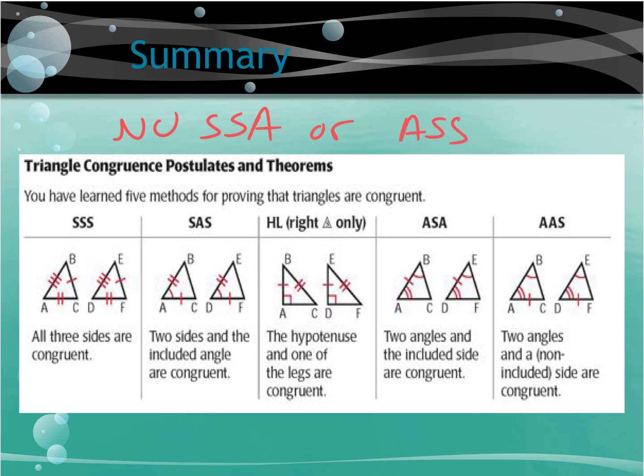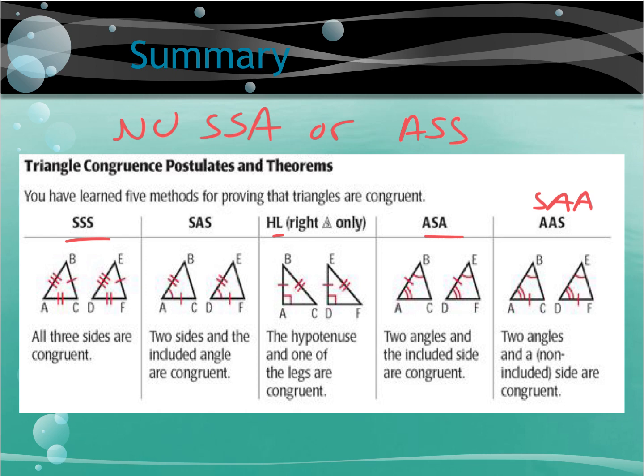If you get either of those, that is completely wrong. You can rewrite and flip them both ways. SSS flipped is still SSS, same for SAS. HL, if you write LH, it's okay. ASA flipped is still ASA, but you can write SAA as well, and it's okay.